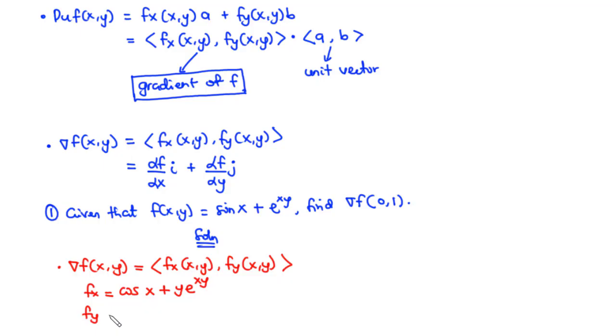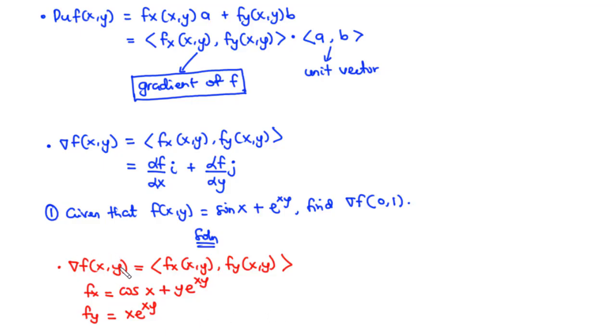And then for f_y, we are going to differentiate this function with respect to y. x becomes a constant, so we differentiate this constant, we have 0 plus, focusing on the exponent, we differentiate y with respect to y, and then we have 1 times x is x, and then times e to the power xy. So we can simply say that f_y is equal to x times e to the power xy.